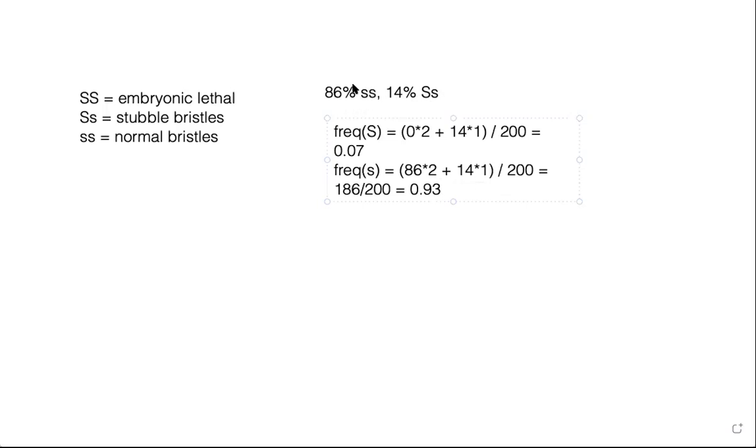And the frequency of the little s allele is 0.86 plus half of 0.14. So it's 0.86 plus 0.07, which is 0.93. But if you don't care to remember that, you can just drop the percent signs and pretend you're working with a population of 100 flies. So we'll call that number Q, and our 0.07 we'll call P. All right, so there's our allele frequencies.